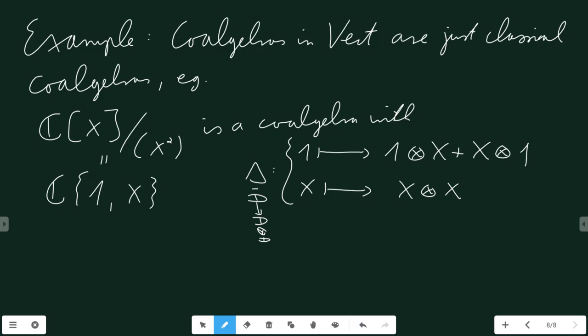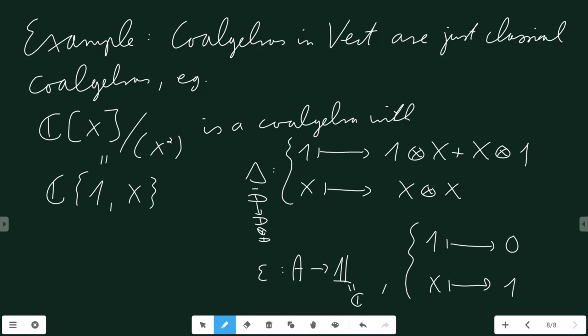That's exactly what this map does. And epsilon should go from A to the unit, which is just the ground field in this case. So I should tell you what epsilon does to those two objects, and it's the following map. There you go. So it just kills the unit and sends x to 1.